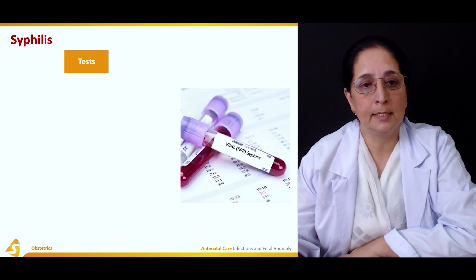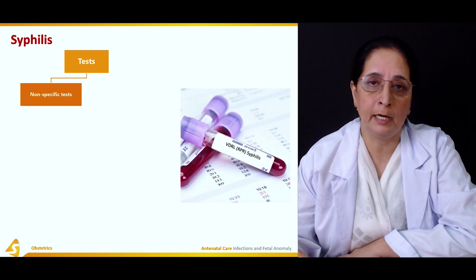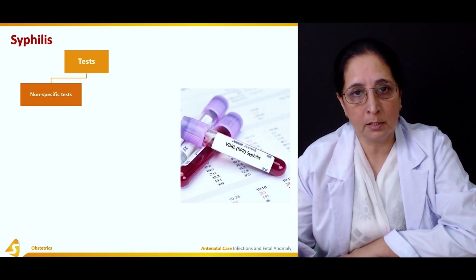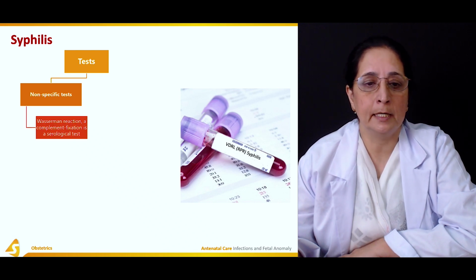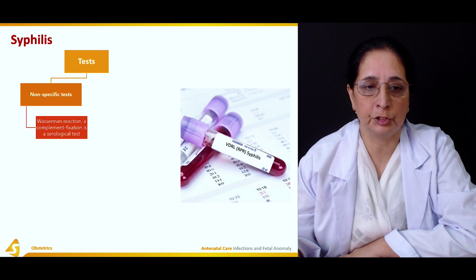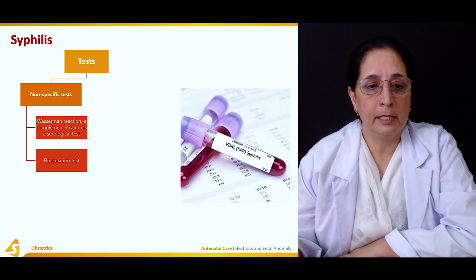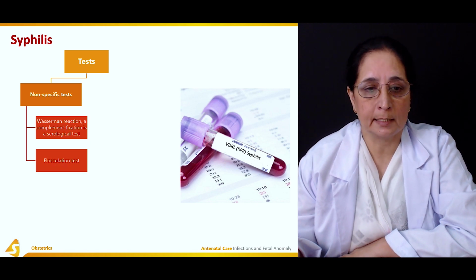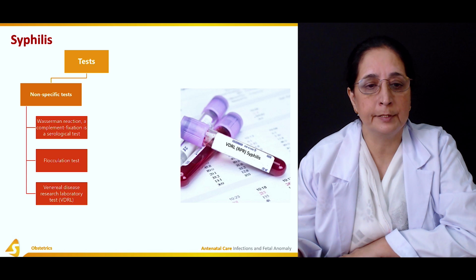Then the syphilis, the test done for the syphilis infection, we have divided into non-specific tests, and then non-specific tests include Wassermann reaction. Complement fixation is a serological test. Then we can do flocculation test and VDRL, which is venereal disease research lab test.